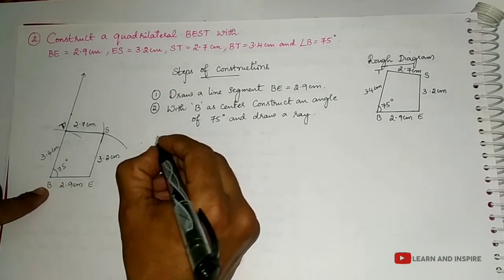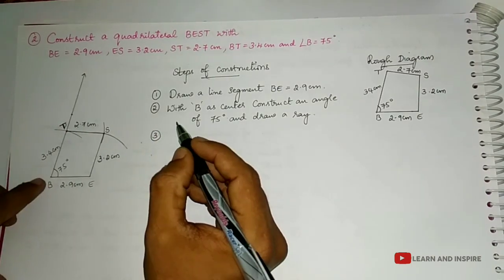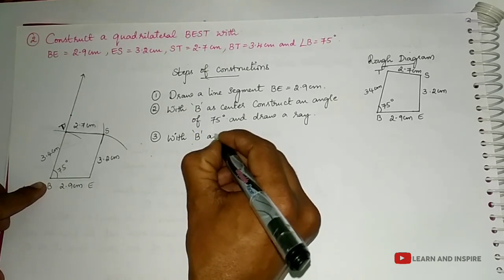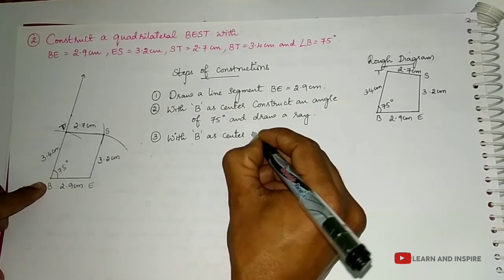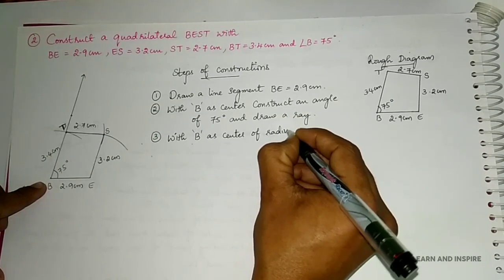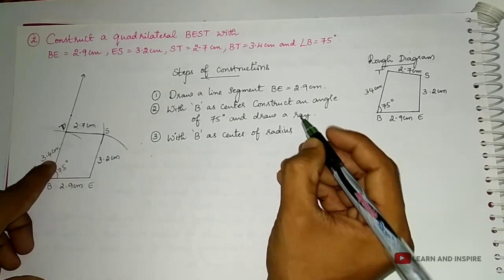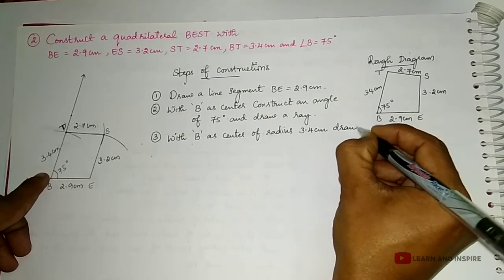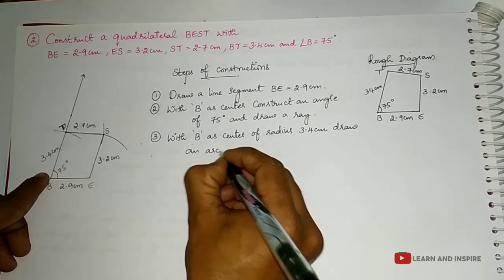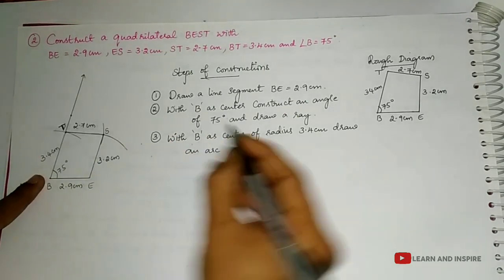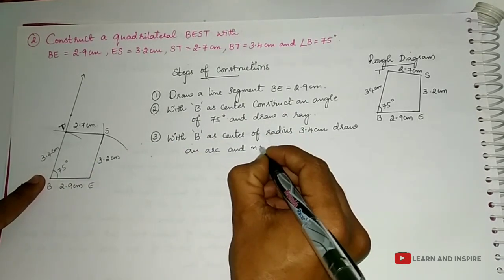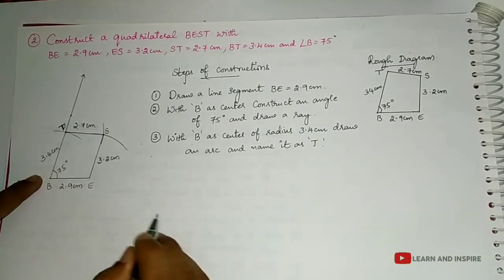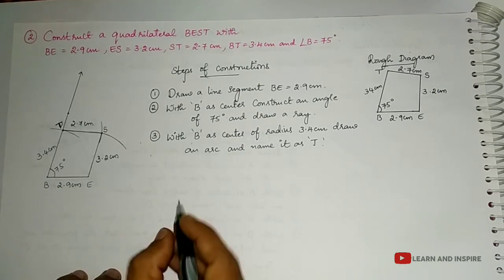Okay. Now step 3, again with B as center of radius, how many centimeters? 3.4 centimeters. Draw an arc and name it as T. Okay.